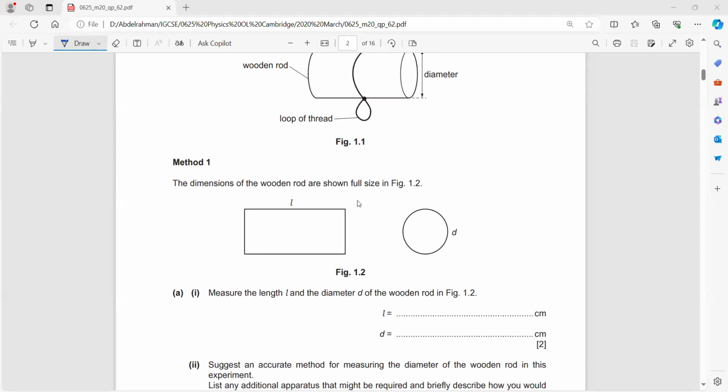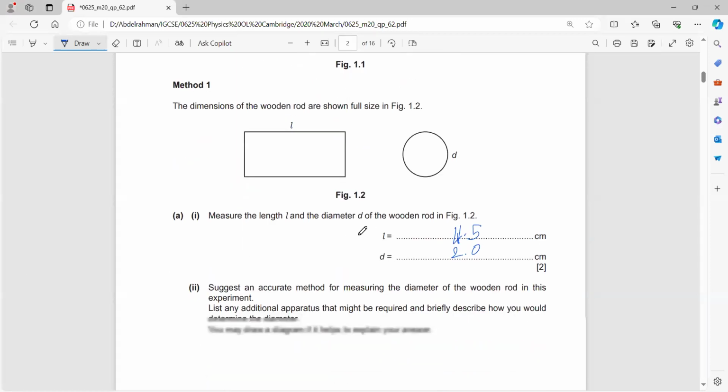The initial reading was, I guess, 4.5 centimeters for the length and 2.0 centimeters for the diameter. But again, your readings could be 4.3 or 4.4, 1.9 or 1.8 for the diameter. It's not wrong. It has to do with the printing. That's it.